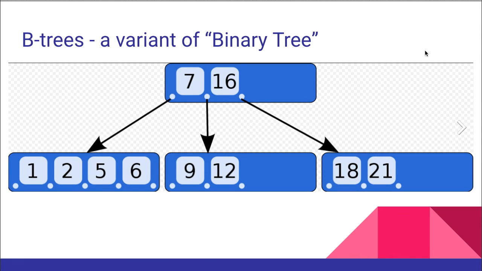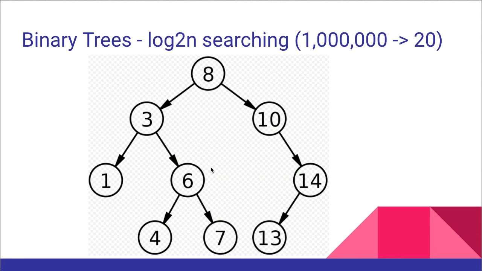So what databases actually use are B-trees, and these are a variant of binary tree, right? One of the problems with a binary tree is deleting and inserting new data. When you insert new data into a binary tree, you have to rebalance the entire tree every single time.